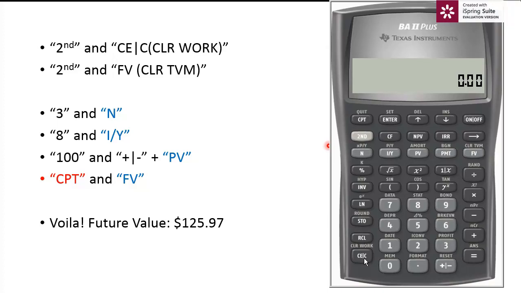Now we will type in the information needed to calculate the future value. Note that the numbers come first before you indicate any functions such as N, PV, or FV. Also do note that you have to hit the numbers first and then the minus sign to type a negative number. So let's start.